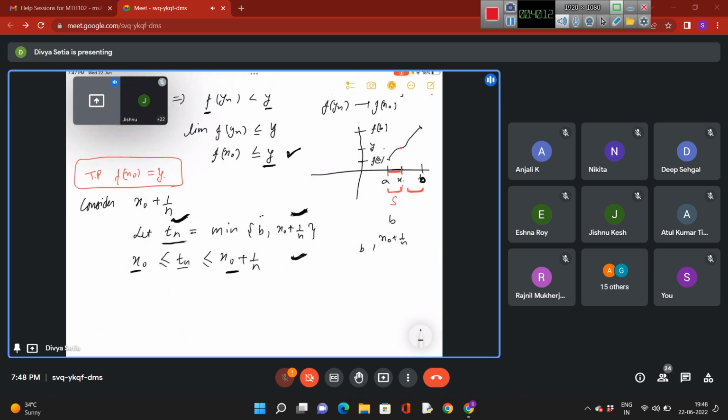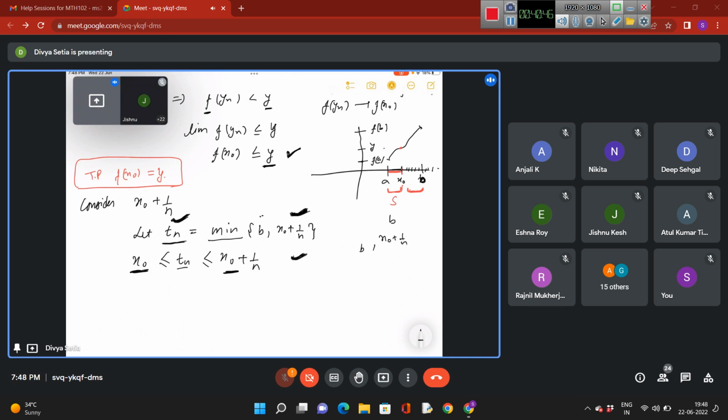See, this is your point x naught, and now you are considering x naught plus 1, x naught plus half, and so on. Like you are reaching x naught from this side. So what is Tn? Tn is the minimum of b and the value x naught plus 1 by n. That means you are creating a sequence which lies between x naught and x naught plus 1 by n. Tn will be less than x naught plus 1 by n because it's a minimum value.